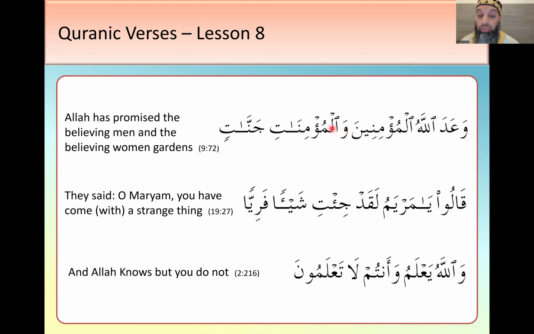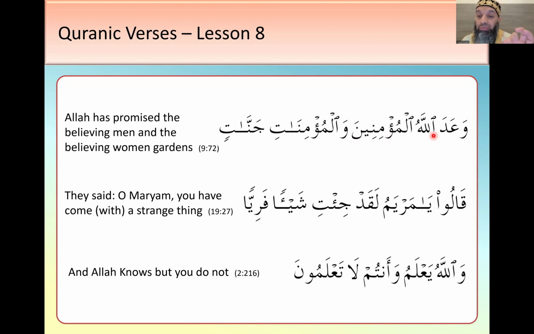So because we see wal mu'minati and the believing women, because mu'minati is women only, when we see that the believing women is mentioned straight after, then we know this one is talking about men only. If we didn't see mu'minati, then you assume it's mixed group. But when you see mu'minati mentioned after this one, then you know this is not mixed. Because the women have been mentioned separate. This is men only. Yeah.